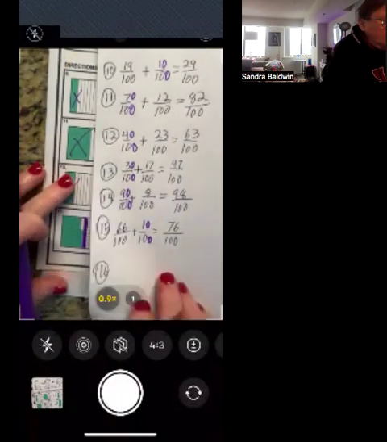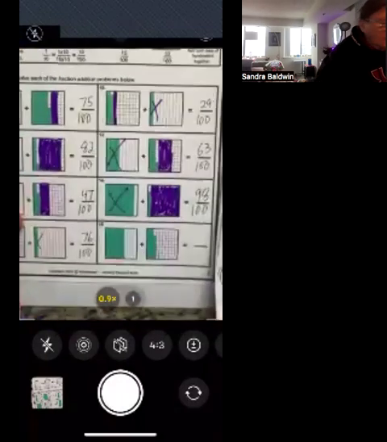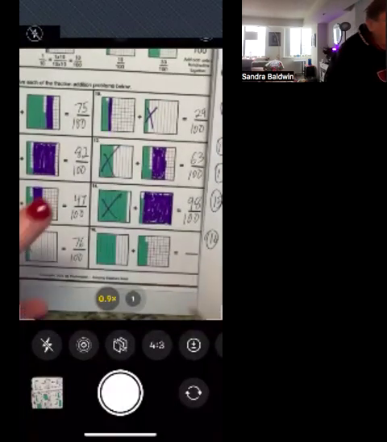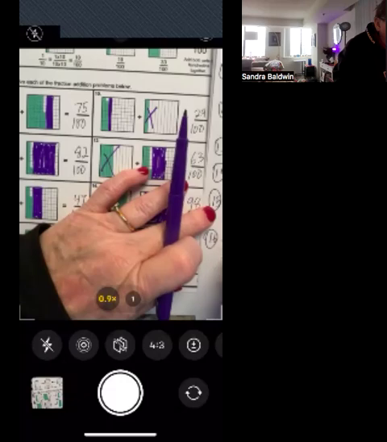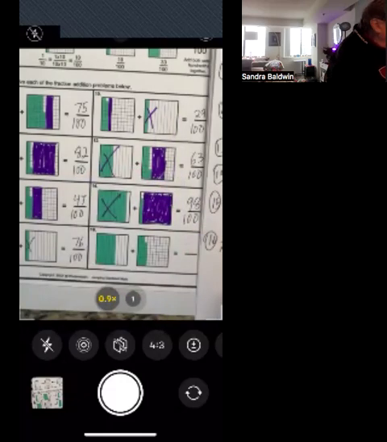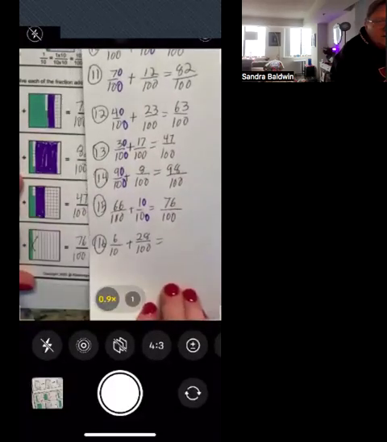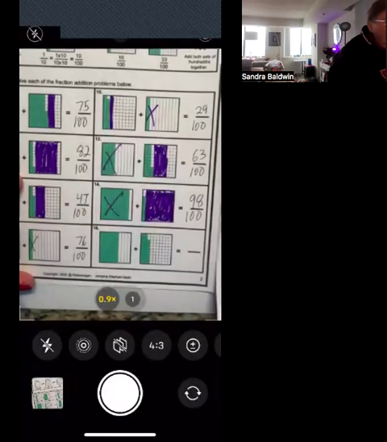The last one we're going to do today is number 16. And my equation that goes along with that is 6/10 plus 28 hundredths. You can see I just wrote my equation on this, but you'd be writing in your notebook. I'm just using paper.